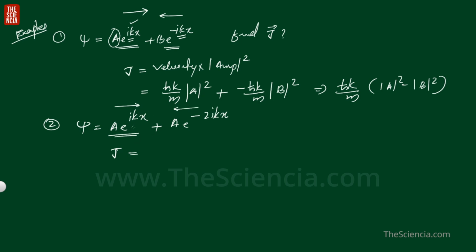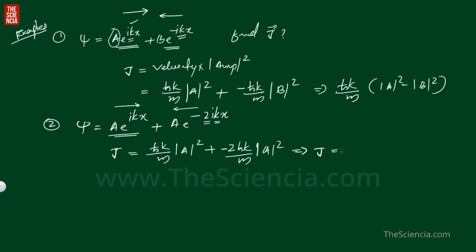And what is the velocity we can derive from the first term? That is h cut k by m into amplitude square, plus, what is the velocity we can derive from the second term? That is 2k, that is 2 h cut k by m into mod a square. Here this velocity is in the negative direction, so it is minus.